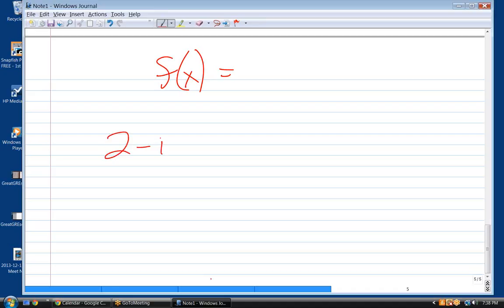2 minus i. If we divide that into 4x squared plus 5x plus 10, and see if it's a factor.